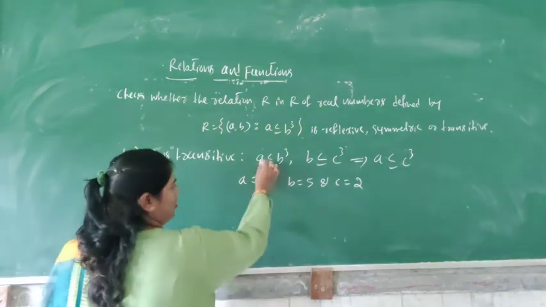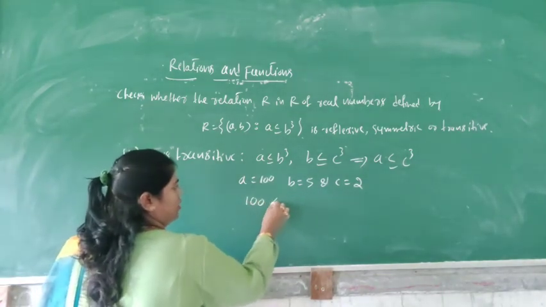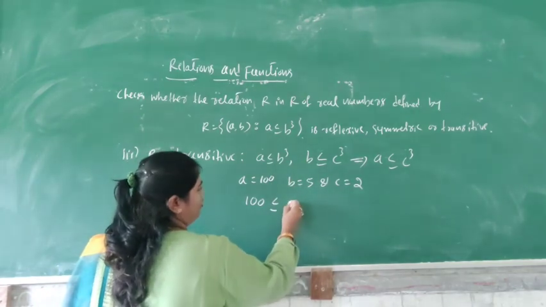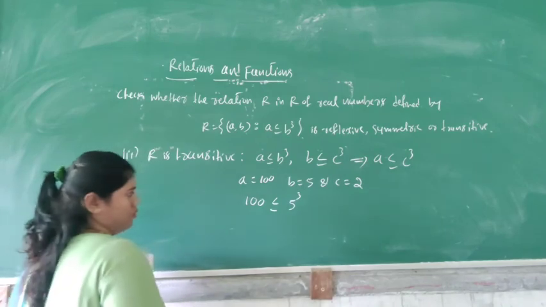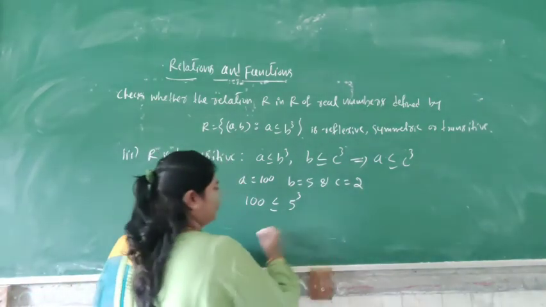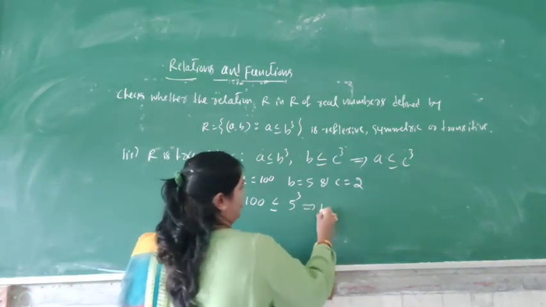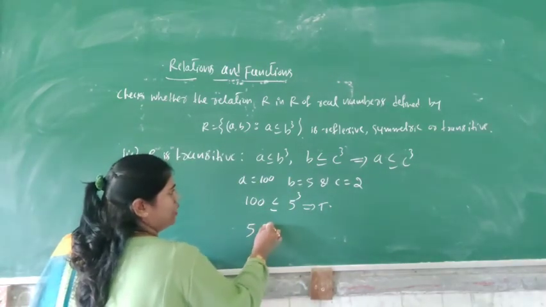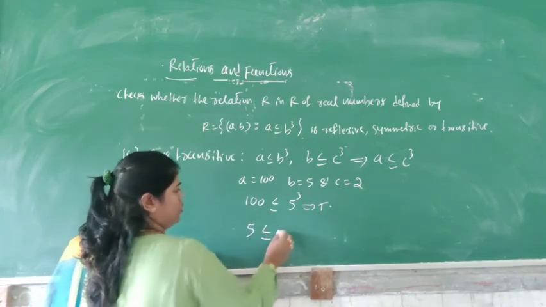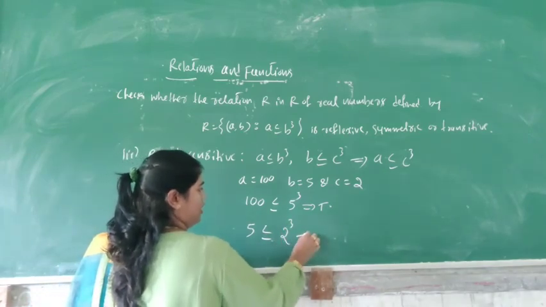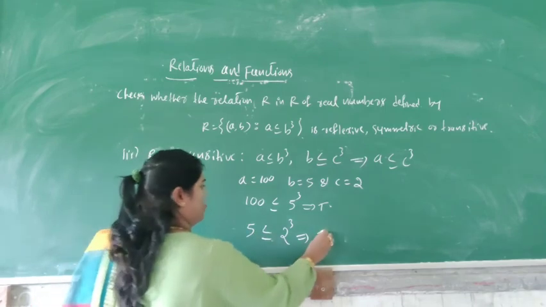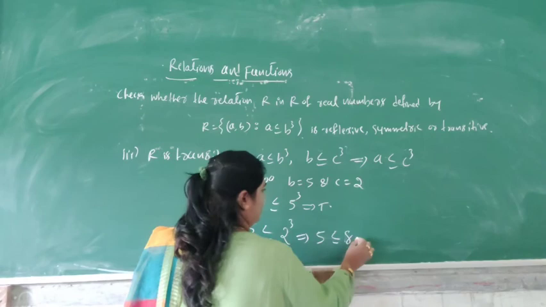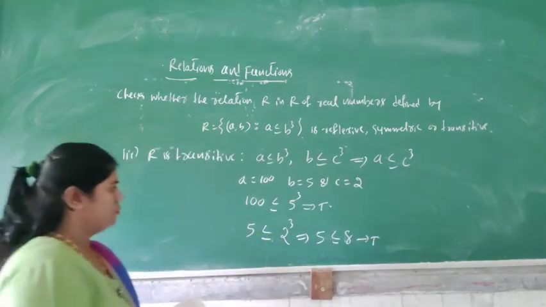Check what will happen. 100 less than or equal to B cube, so 5 cube. 5 5s are 25, 125. So this one is true. And B, 5 less than or equal to C cube, 2 cube. 2 2s are 4, 4 2s are 8. It is also true.